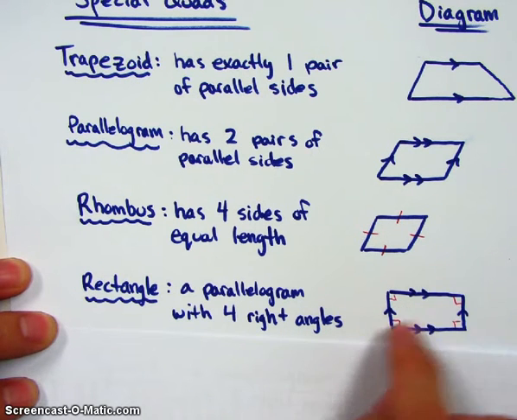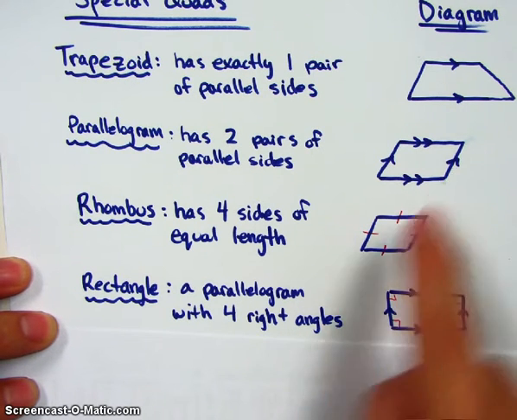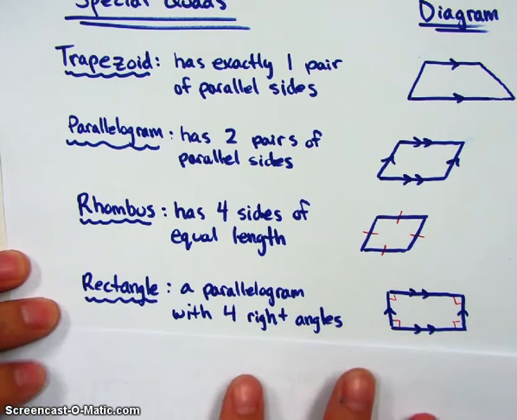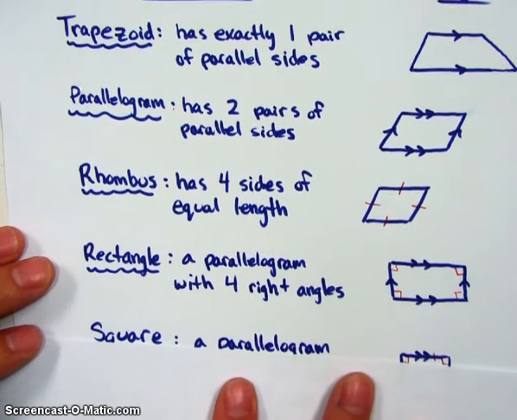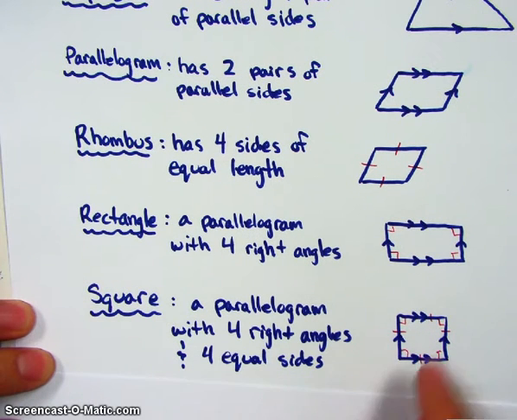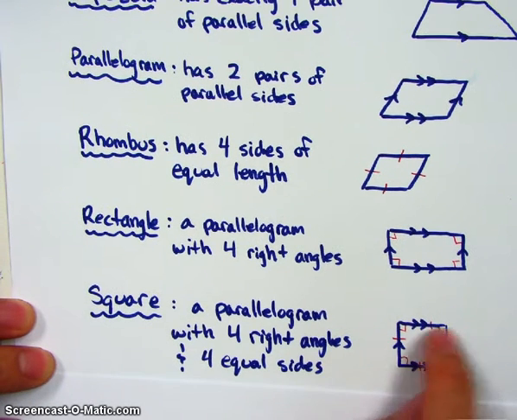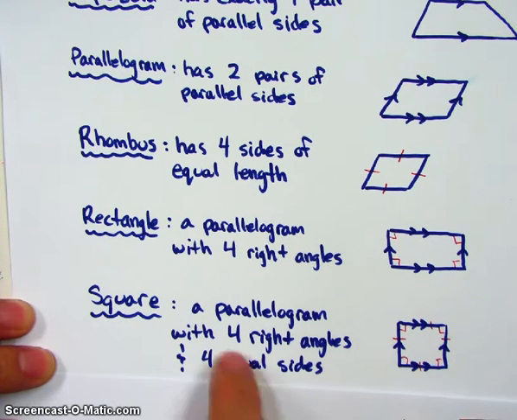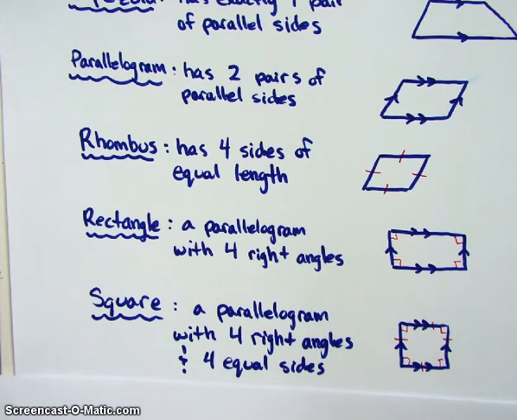Parallel here, but also has four right angles, that's going to be considered a rectangle. And then last but not least is the most specific of all quadrilaterals, which is a square. It's a parallelogram, okay, parallel on these two sides. It has four right angles, and like a rhombus, it has four congruent sides, and so that would be considered a square. Okay, all right.